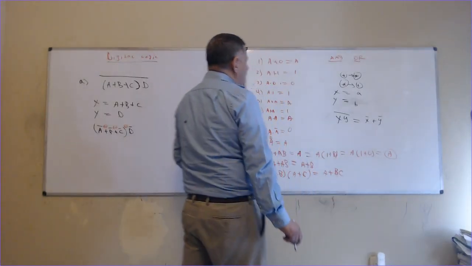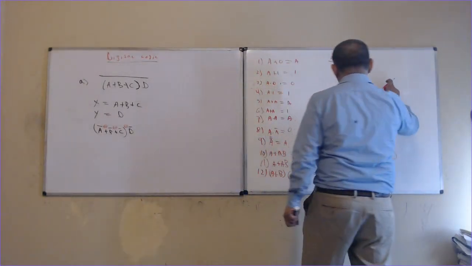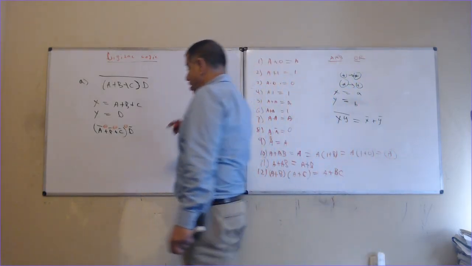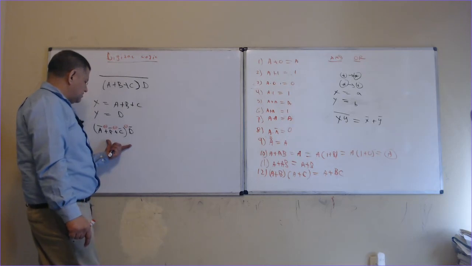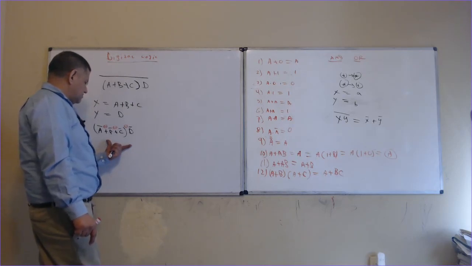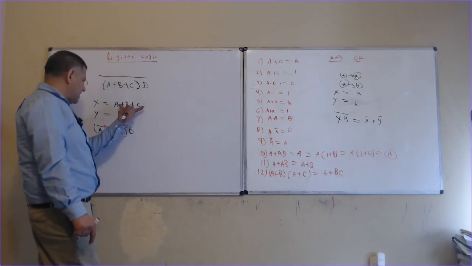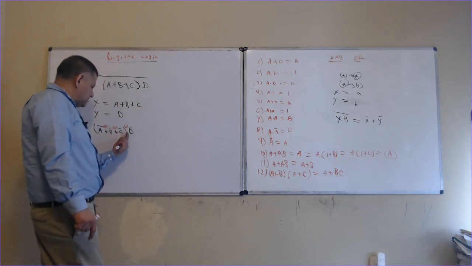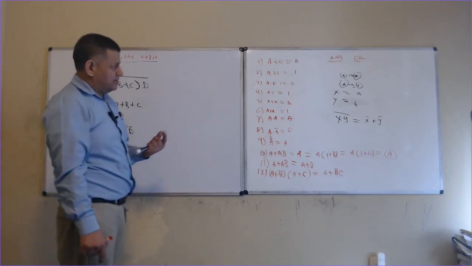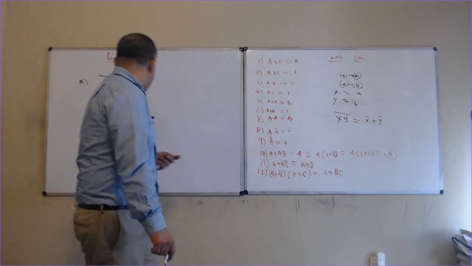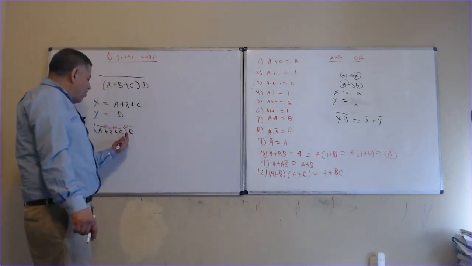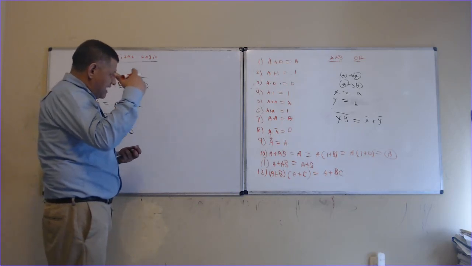So if it is a plus, it also becomes a what? If I am negating this, I'm also negating this. I'm changing that to an OR, because I was saying that it was NOT, but now I am doing the opposite.